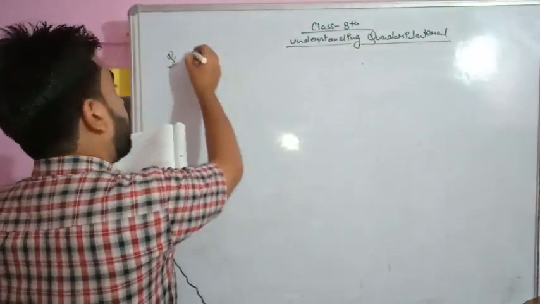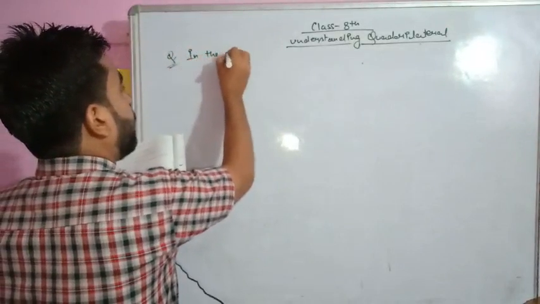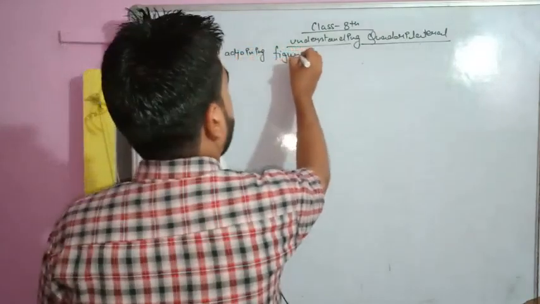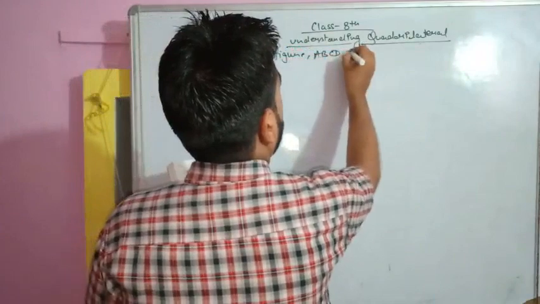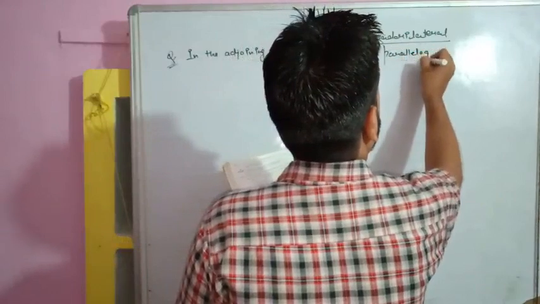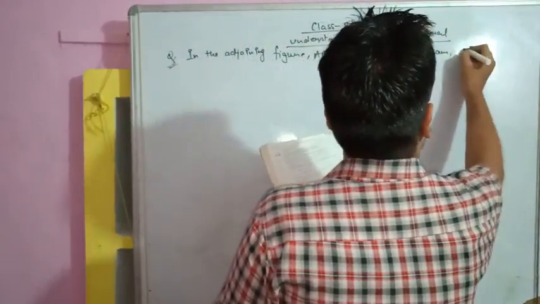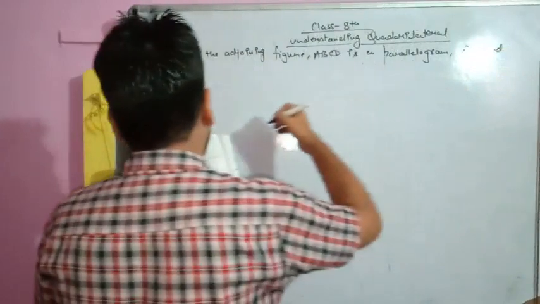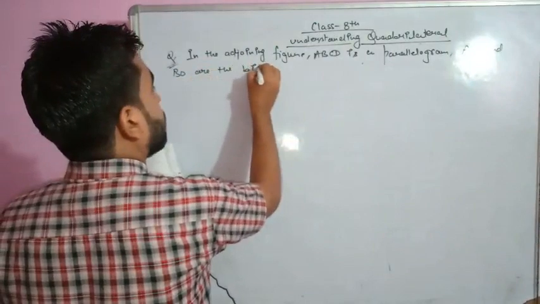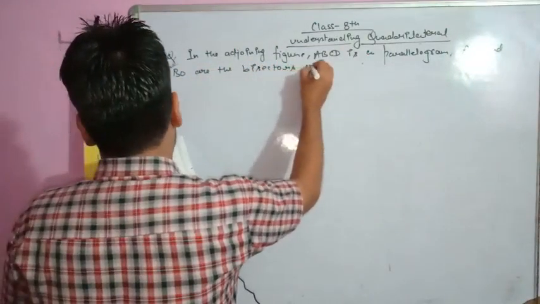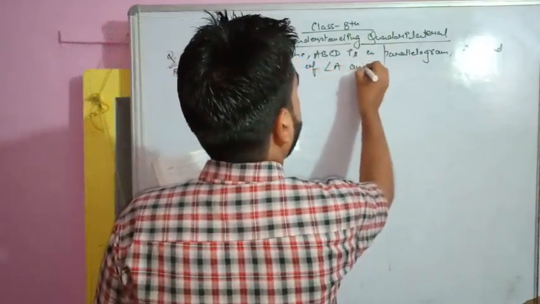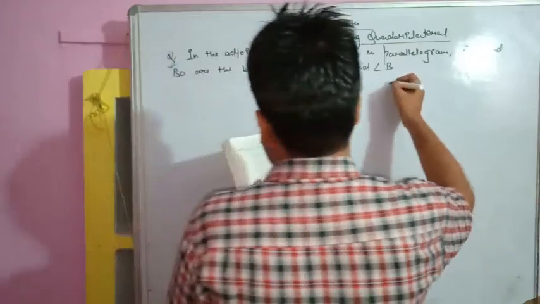So the first question I am writing is, in the adjoining figure, ABCD is a parallelogram, AO and BO are the bisectors of angle A and angle B respectively.